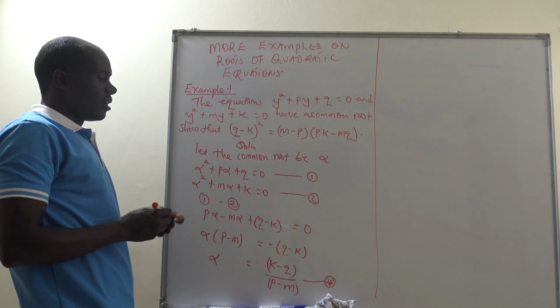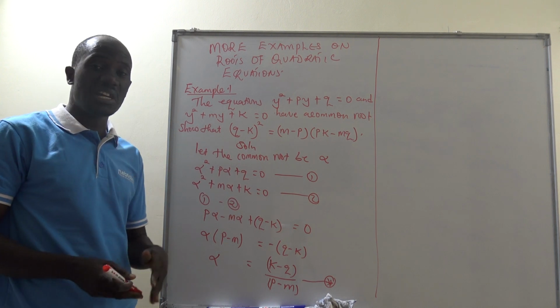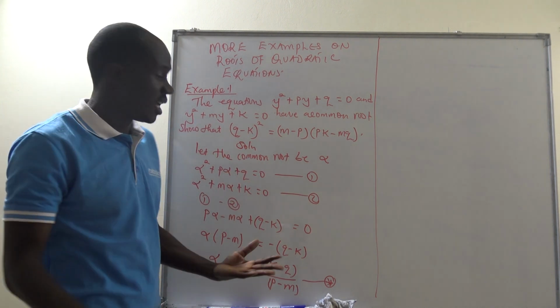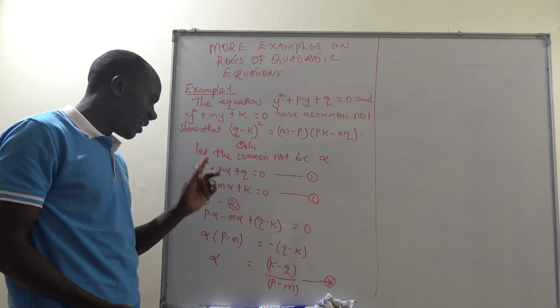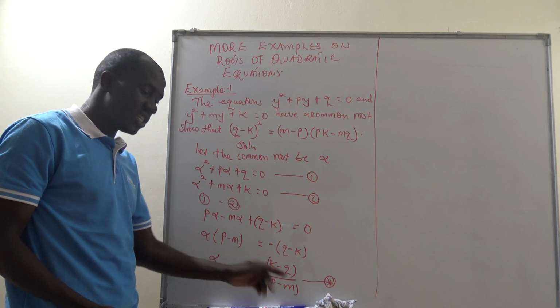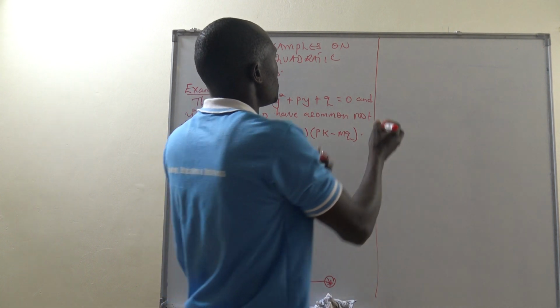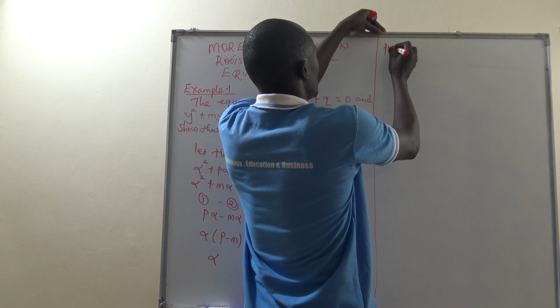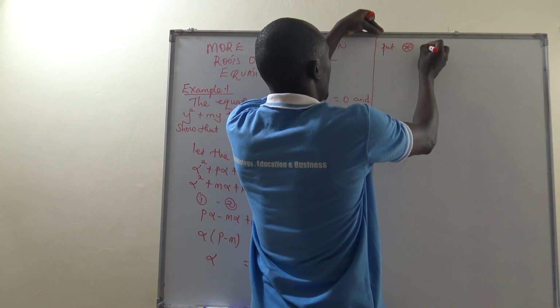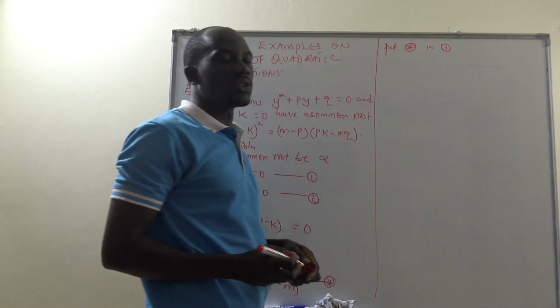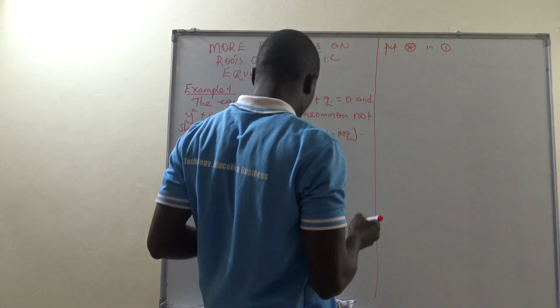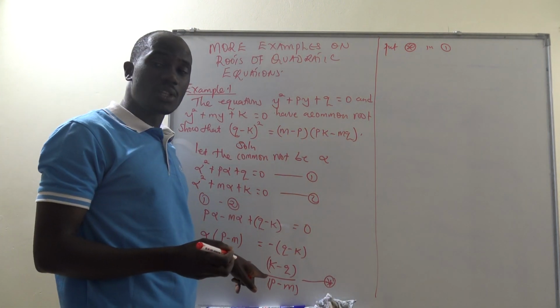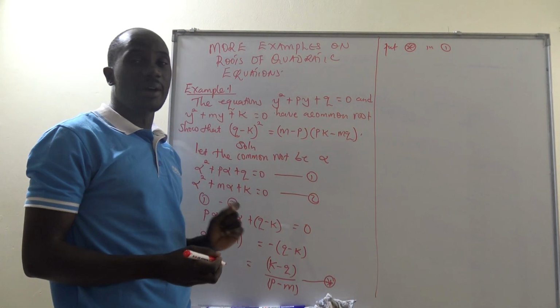Then I can say, put star in any equation, either in 1 or in 2. Where I see alpha, I replace it with this stuff. Put equation star in 1. Our equation star is alpha equals k minus q all over p minus m.